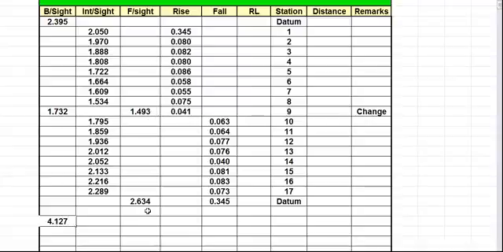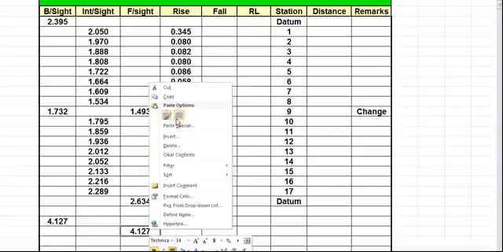We can add these two up, 1.493 and 2.634, and that also gives us 4.127, which is what we wanted.